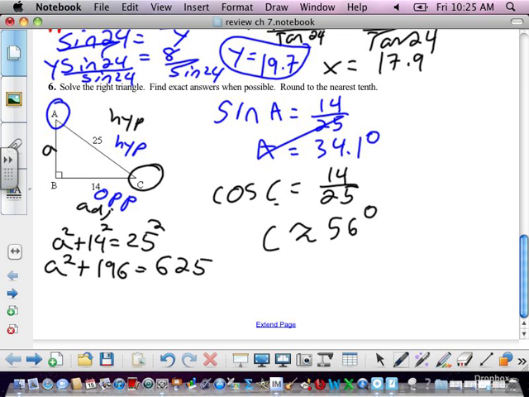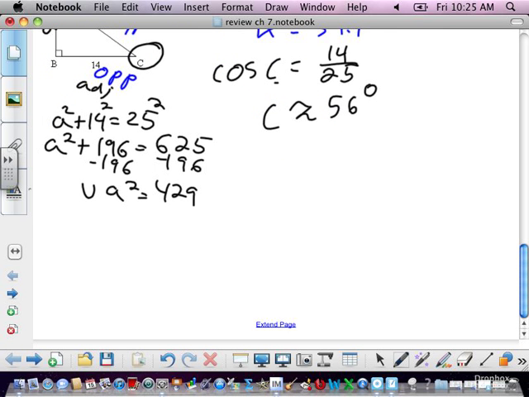I'm going to subtract 196 from both sides. So A squared equals 625 minus 196, 429. And then I'm going to square root both sides. So A equals the square root of 429, which is approximately 20.7.